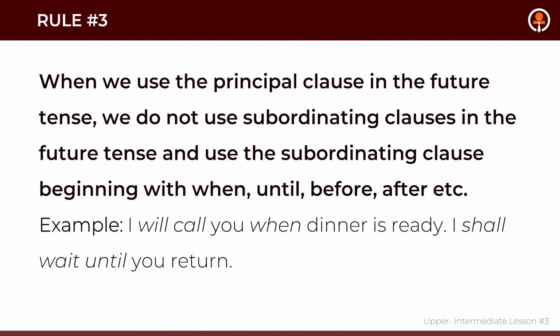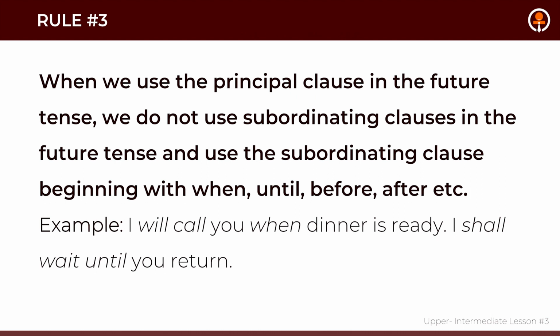For example, I will call you when dinner is ready. You do not say, I will call you when dinner will be ready. You just say, when dinner is ready. I shall wait until you return. So the principal clause is in the future tense, however the subordinate clause is in the present simple tense.